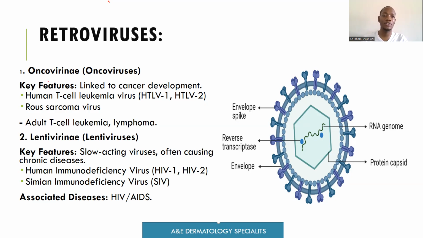So HIV belongs to a family of viruses we call retroviruses. We call them retroviruses because they are able to reverse the DNA synthesis once they enter the host cells. So in this case, they make their DNA or genetic material in a reverse pattern. This is what we simply mean.